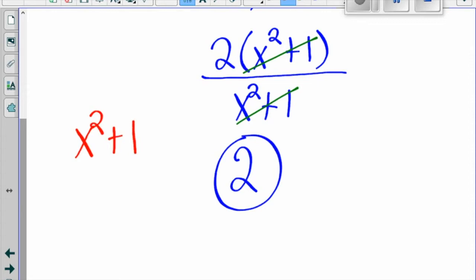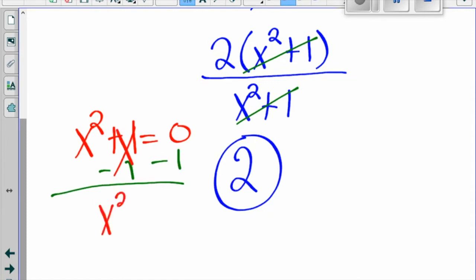So we might have some restrictions. So what value of x is going to make x squared plus 1 equal 0? That might be a little bit hard to see, yes? So let's go on and solve it. So we would subtract 1 from both sides, because those would cancel, leaving me with x squared is equal to -1. And then we would do what?